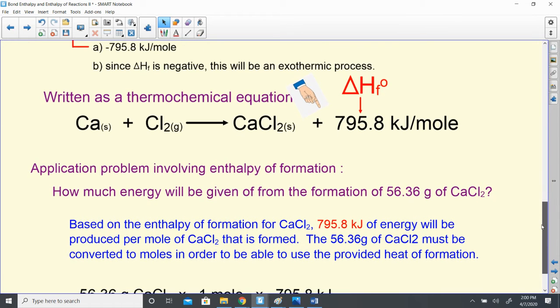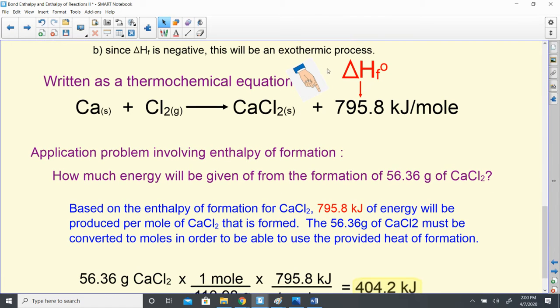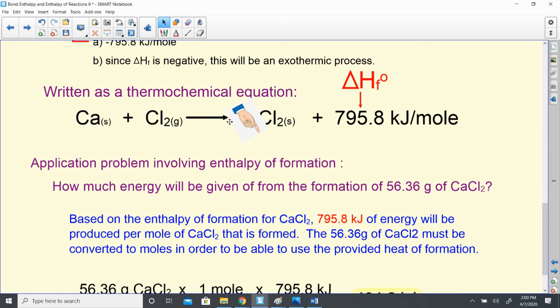Let's apply this now to a problem. How much energy will be given off from the formation of 56.36 grams of calcium chloride? Well, we know that based on the enthalpy of formation, 795.8 kilojoules of energy will be given off or produced for every mole of calcium chloride that is formed.